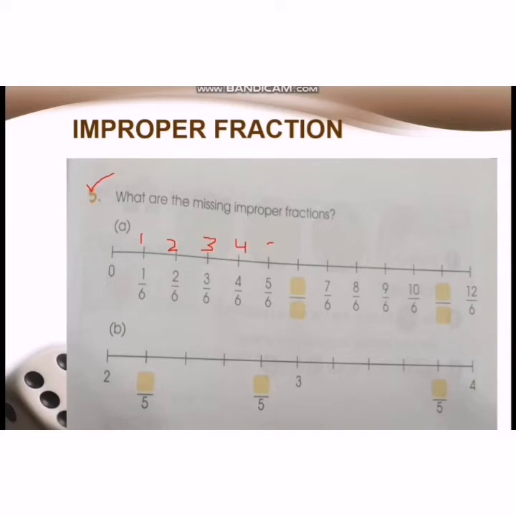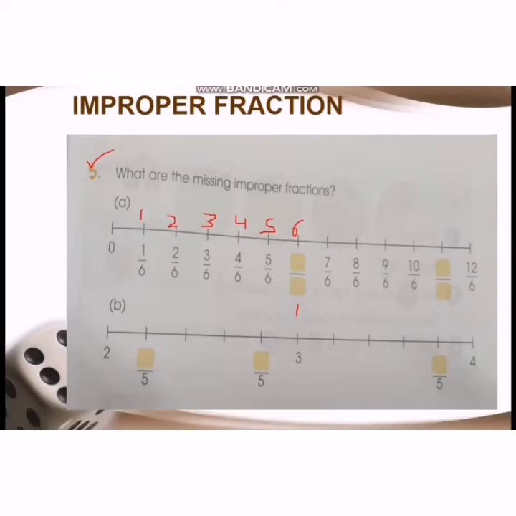So I write down the counting on each part: 1 by 6, 2 by 6, 3 by 6, 4 by 6, 5 by 6, and the last one is 6 by 6, from where we get 1 whole.